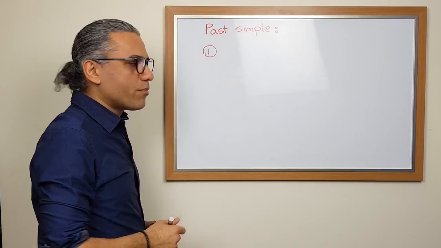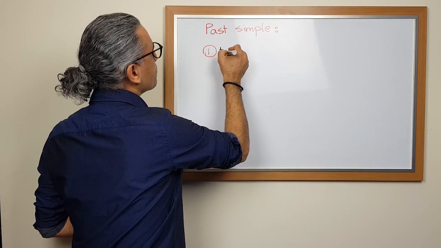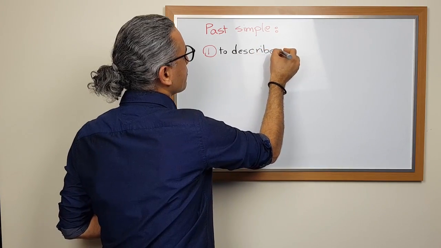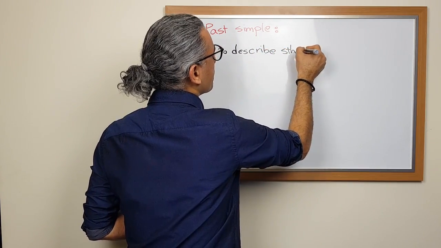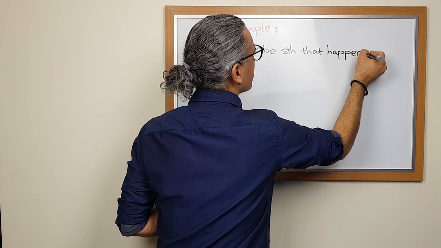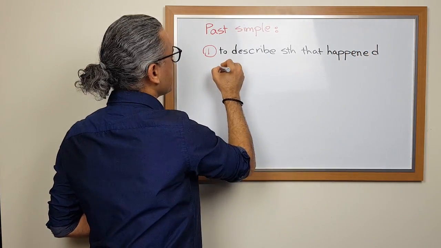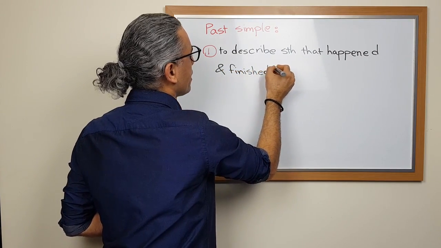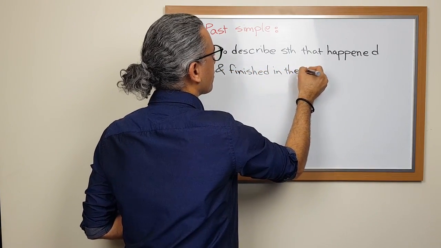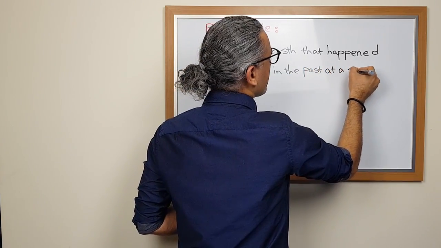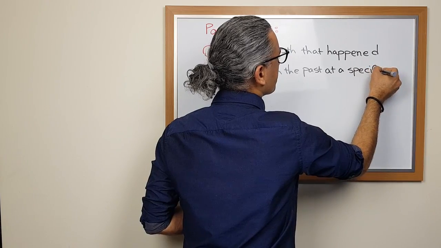We use past simple to describe something that happened and finished in the past at a specific time.